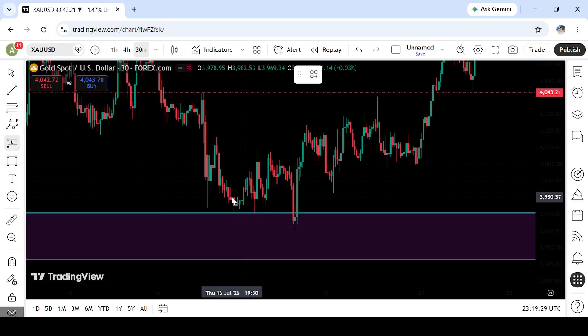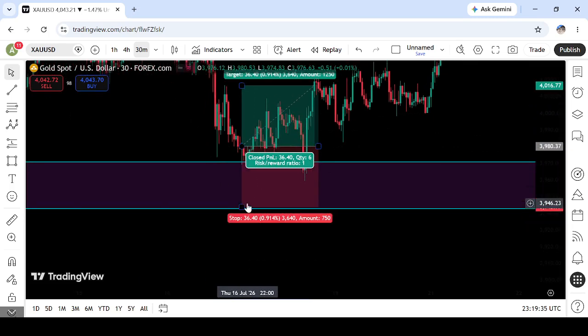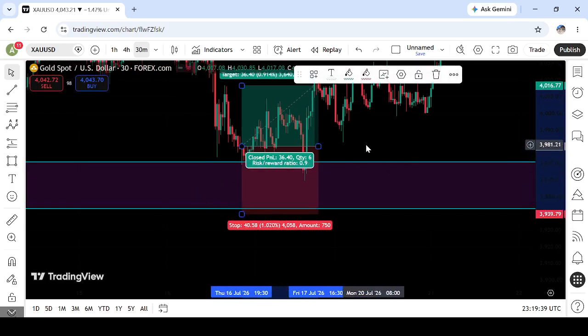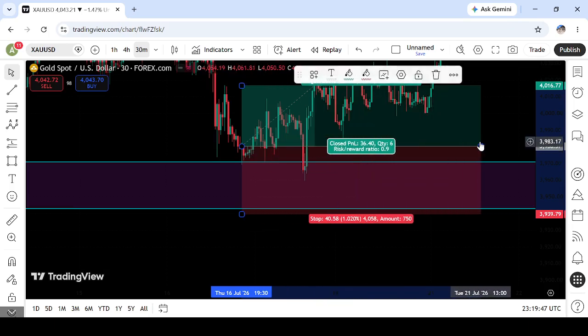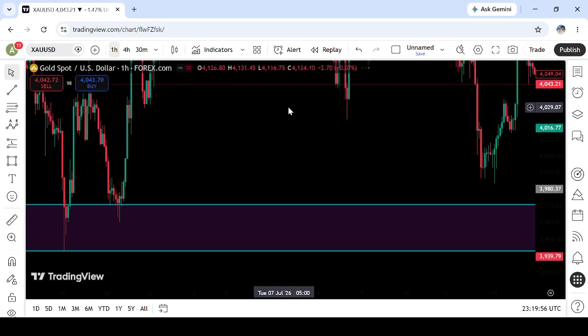So you buy from this level and put your stop loss just below this zone, and you target 3:1 reward ratio. So let's say if you are risking about $100, you have to target, you know, $300. So that's 3:1 reward ratio.